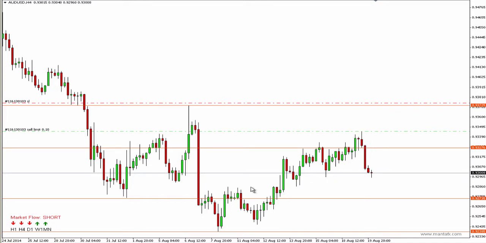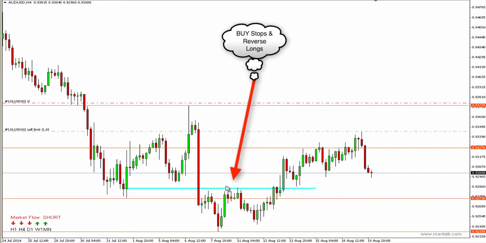Whenever this level was taken out, and therefore the buy stops sitting above here were taken out as usual, everybody is screaming, okay, let's revert to long, because this is a plain textbook reversal.